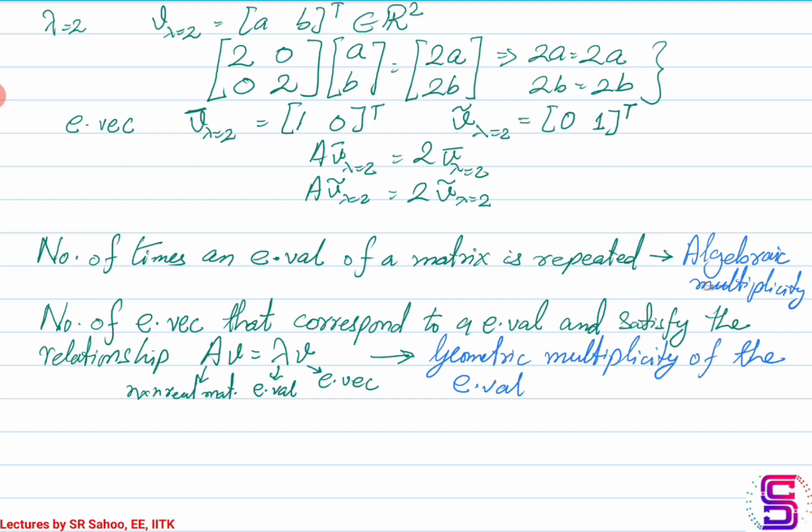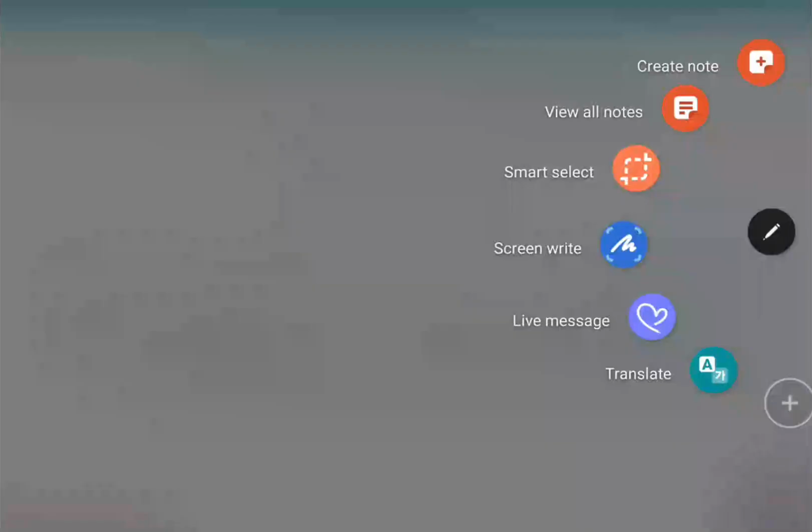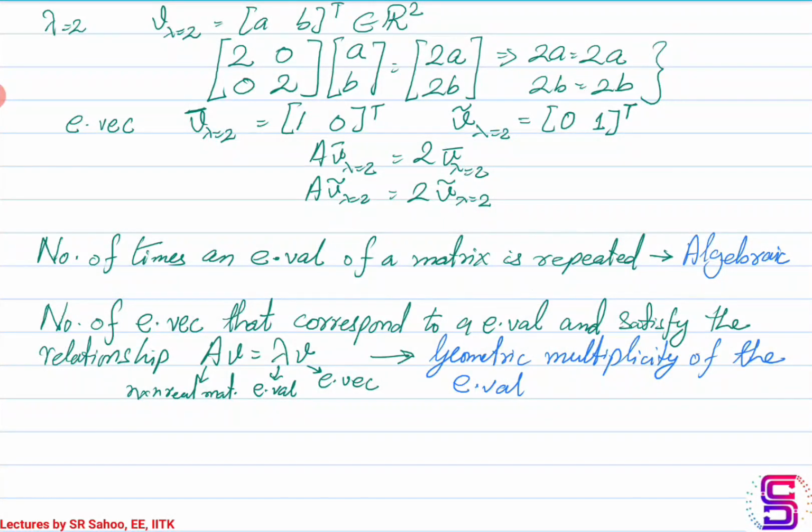Similarly, the repeat count is also known as the algebraic multiplicity of the eigenvalue.